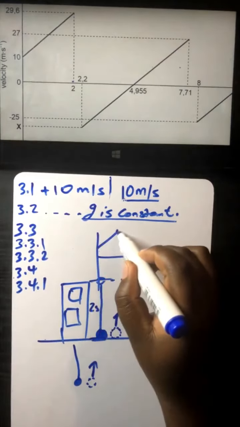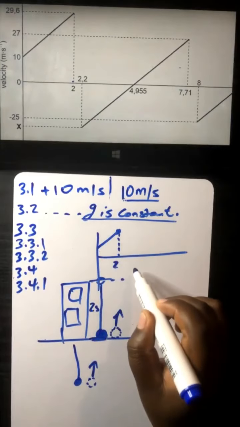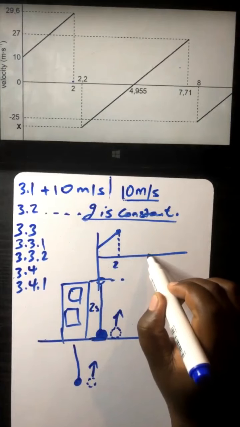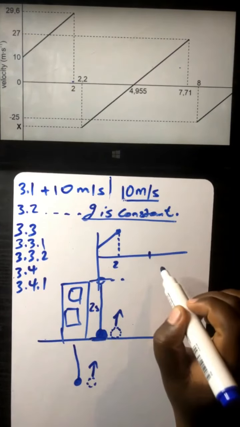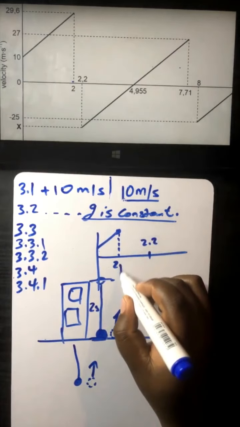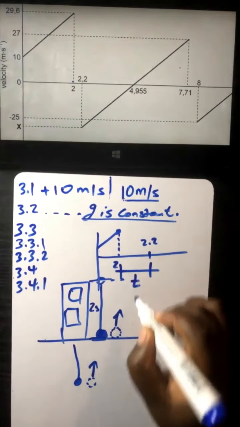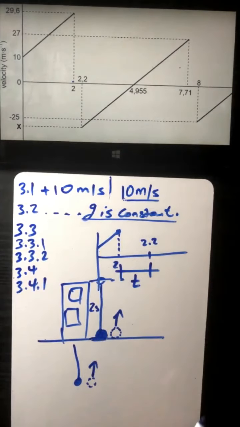It obviously takes that time, which is 2 seconds. Then from there, after some time, that's when it leaves the ground. So that means that time is the time at which the ball is in contact with the ground.